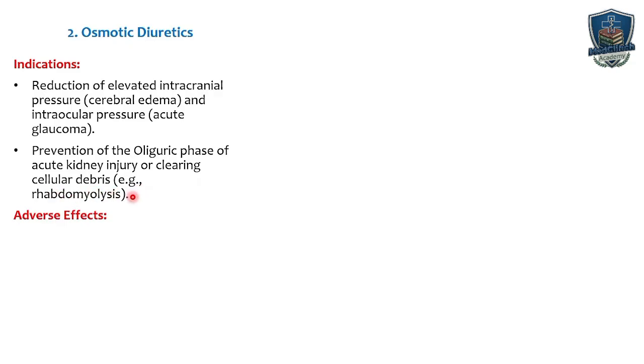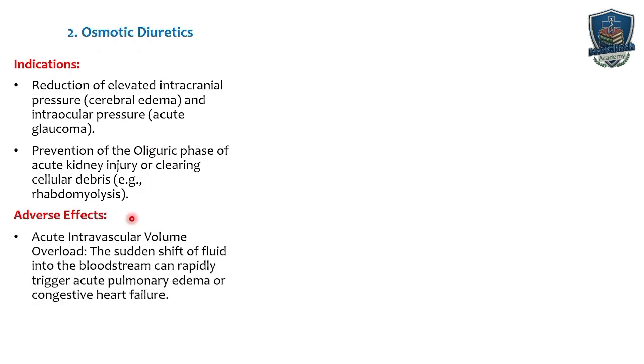For those who have done medical surgical nursing, we know that rhabdomyolysis is the rapid breakdown of the skeletal muscles. When you break down the skeletal muscles, we may have an elevation of myoglobin, which is very toxic. We may have an elevation of creatinine and other waste products that come from the breakdown of the skeletal muscle. So we want to prevent the oliguric phase, and the best way is using mannitol.